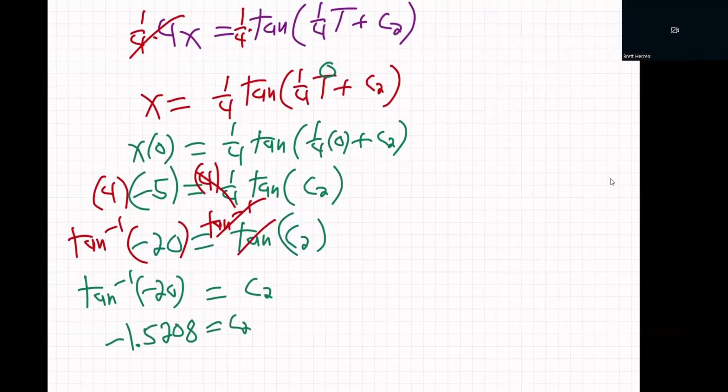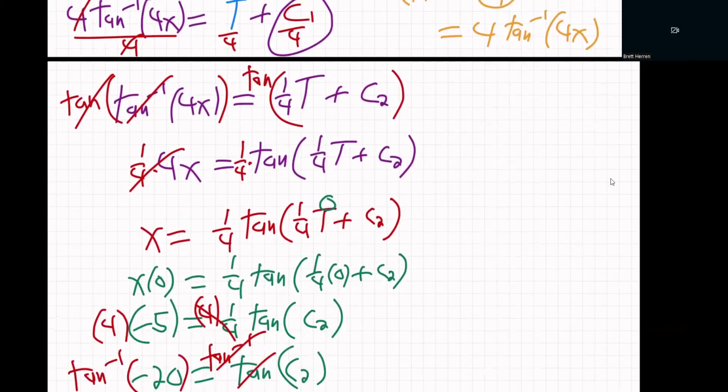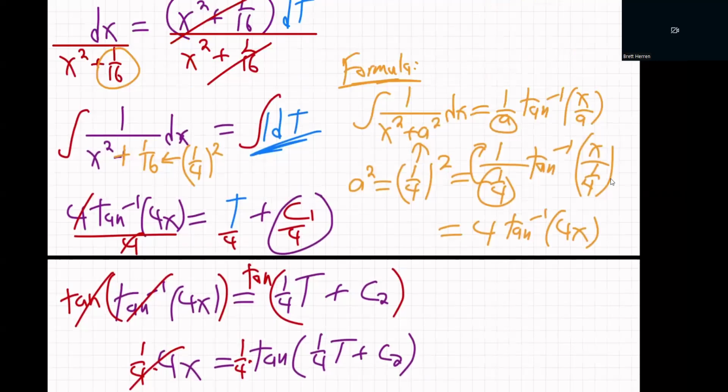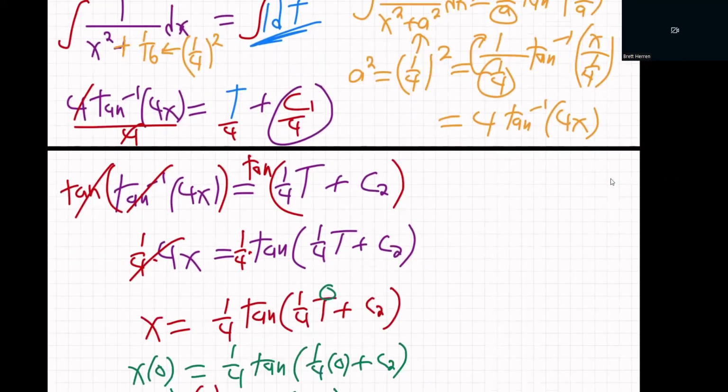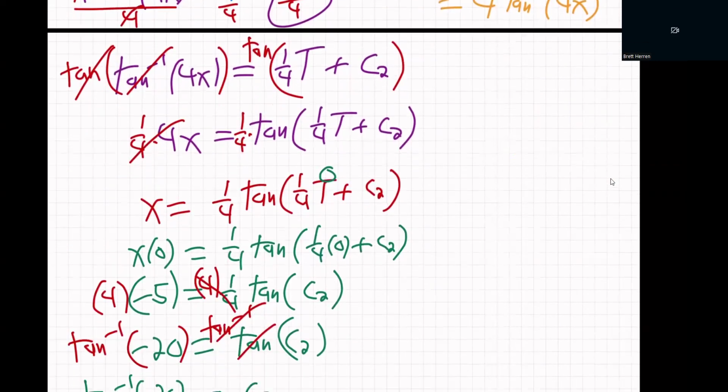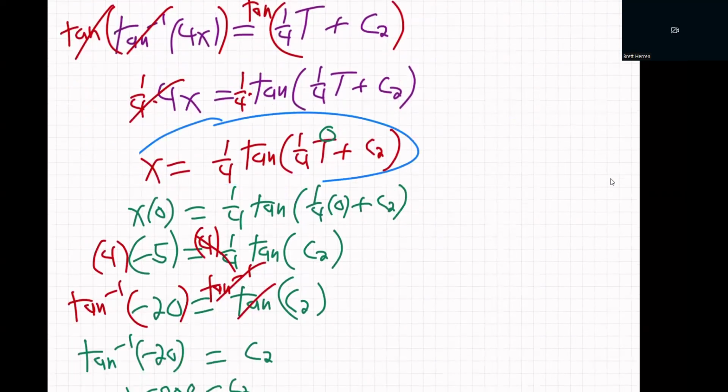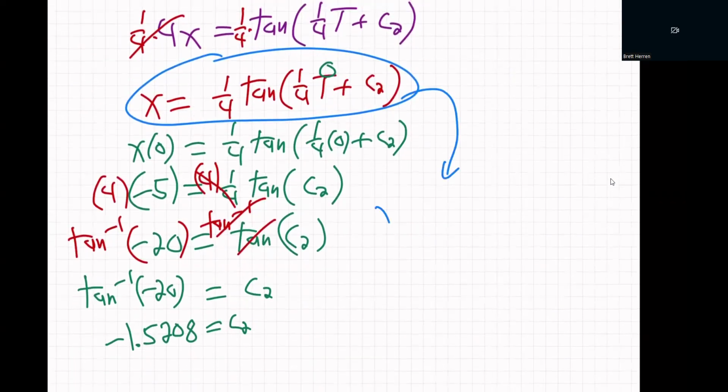So negative 1.5208 is constant 2. So that means our function, which we had right here, is x equals 1/4 tangent of 1/4 t plus constant 2, which is minus 1.5208.